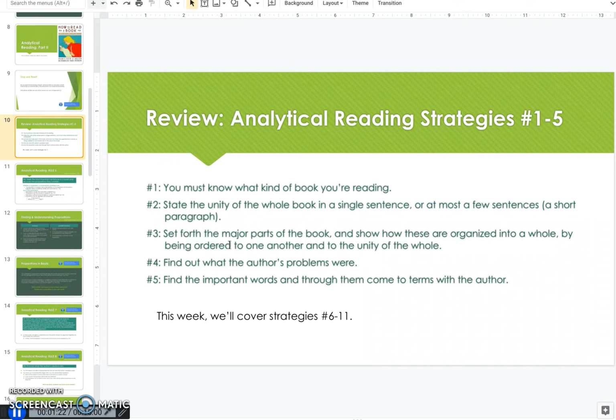For number 3, set forth the major parts of the book and show how they are organized and how they relate to each other. So think of that as an outline. And 4th, find out what the author's problems were. And 5th, find the important words and through them come to terms with the author. So basically identify the key words that an author is using, and the definitions behind those words.